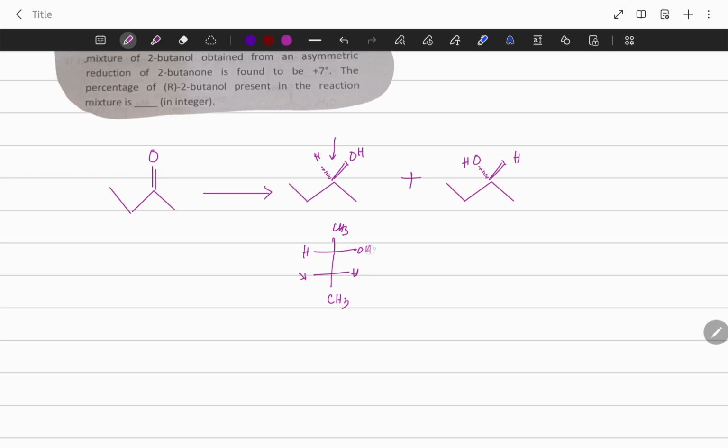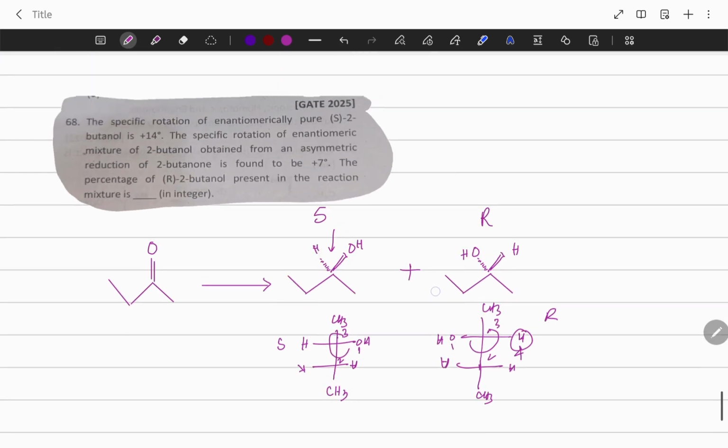This is H, this is OH, this is CH3. This is the chiral carbon. So it is 1, 2, 3, that will be S. If it is 1, 2, 3 in the other direction, then it is R, because hydrogen is in the horizontal position. Now this is R, this is S.